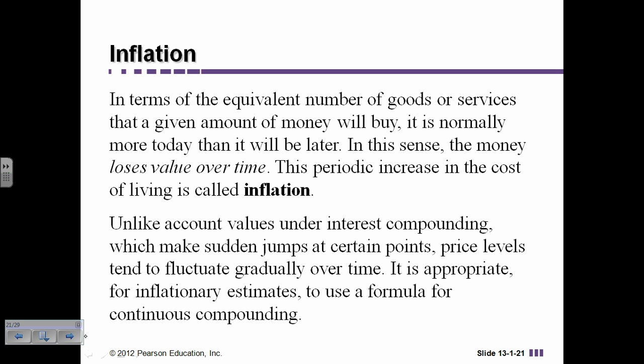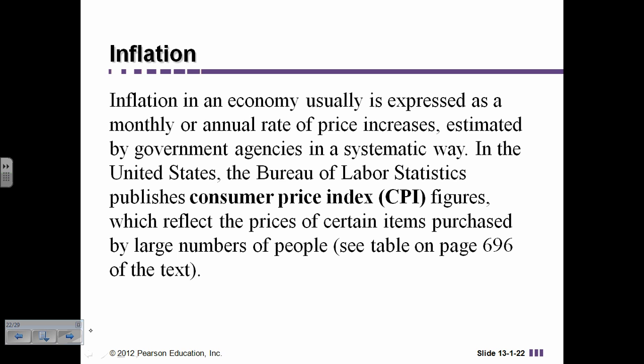There's some information in your book that you'll need to look at. There's also a table out on Blackboard that has this. If you look on page 696 in your book, there's a table that refers to the Consumer Price Index. This reflects the prices of certain items purchased by large numbers of people, so it gives you an idea of how inflation has changed over the years.